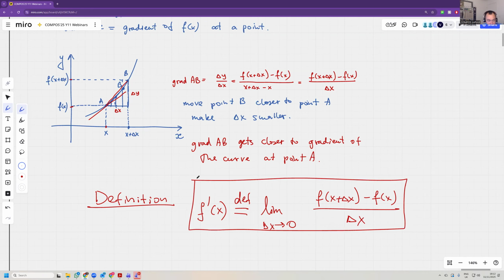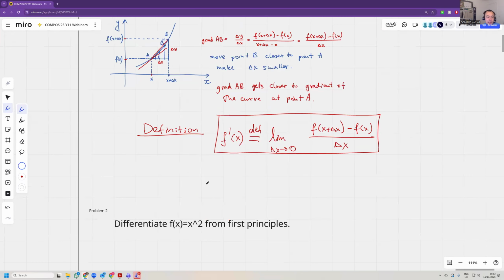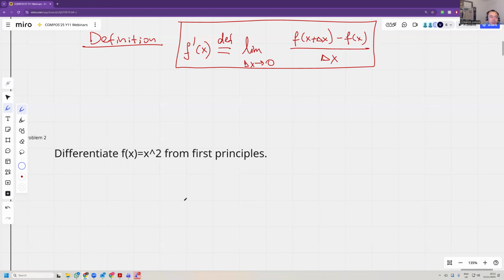That might look scary, but let's look at an example and try to sort it out. So f of x is x squared.